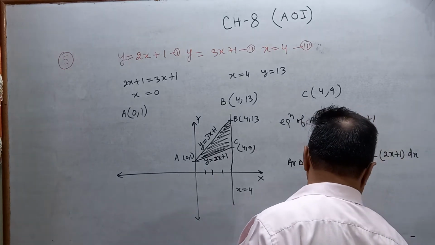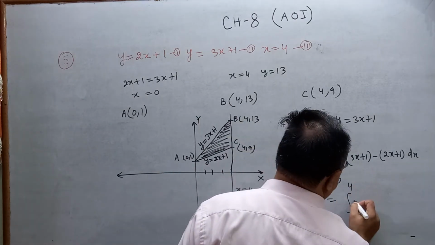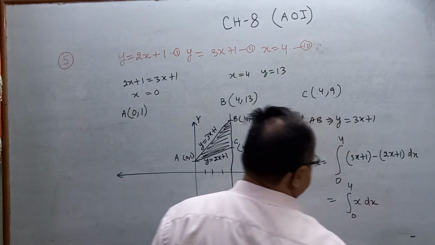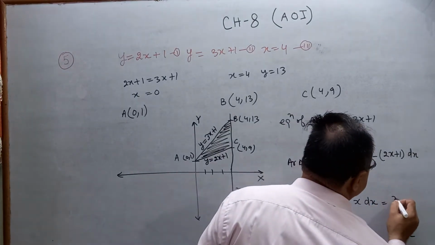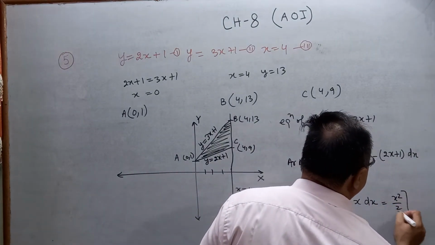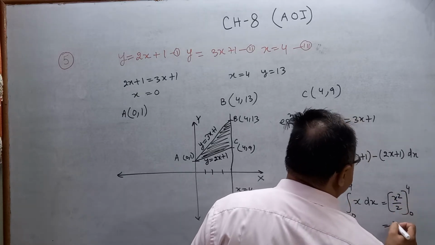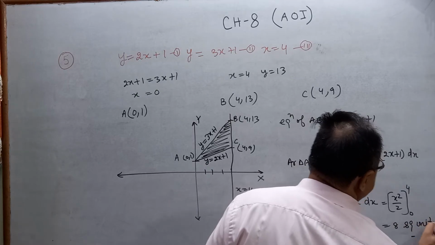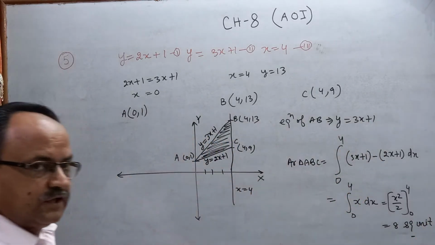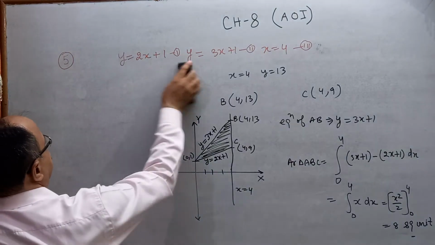Therefore integration 0 to 4, when you simplify this, x dx, further you can solve, integration of x square by 2, upper limit minus lower limit, 4 times 4 is 16 by 2, 8 square unit is the answer. Clear? This is the solution of question number 5.